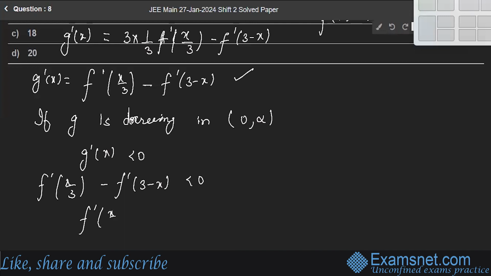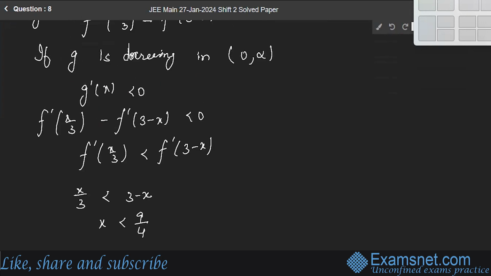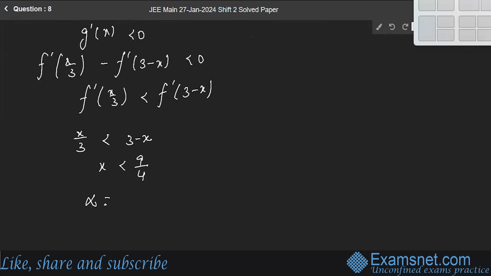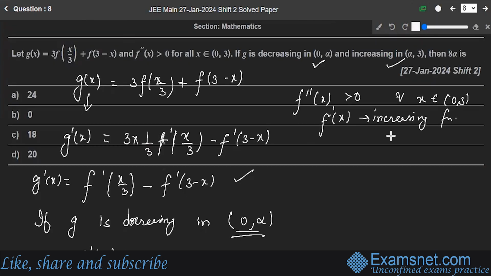That makes f dash x by 3 less than this function. So that means x by 3 is less than this, or x will be less than 9 by 4. So that means alpha here, because it lies in this interval 0 to alpha, will be equal to 9 by 4. And what you had to find out was 8 alpha. So 8 into this answer is 18. So this is the right answer to the question, option C. Hope you're clear.